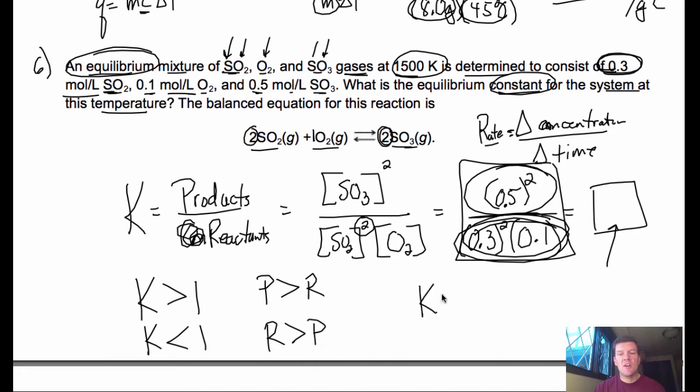If it's around 1, equal to 1, that means approximately the products and the reactants concentrations are about the same. Okay? So it gives us a quick glance. You know immediately what side is favored at equilibrium. Do you have more products at equilibrium, or do you have more reactants at equilibrium, or about the same? Okay?